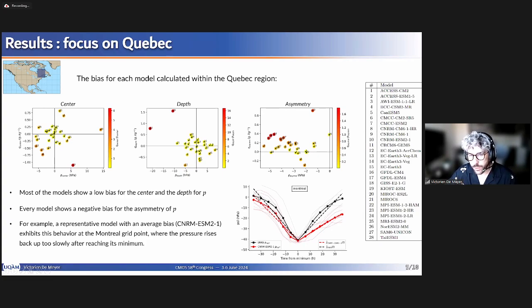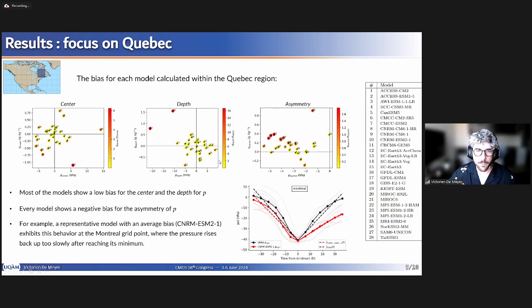For the depth parameters, we can see the rates of deepening of the 2 dotted lines are pretty much the same, but those storms are way more asymmetric in the model than they are in ERA5. The pressure just rises back up too slowly after reaching its minimum in the model here, and we can fairly think that is the behavior of most of the models in that region.